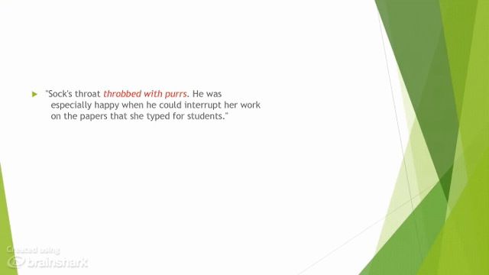It does not say, I interrupted her work, so it is not first person. Because it tells us what Socks is doing and it uses the word he, this is third person point of view. We do know, however, that Socks is probably a cat. The words throbbed with purrs make me think that Socks is a cat.